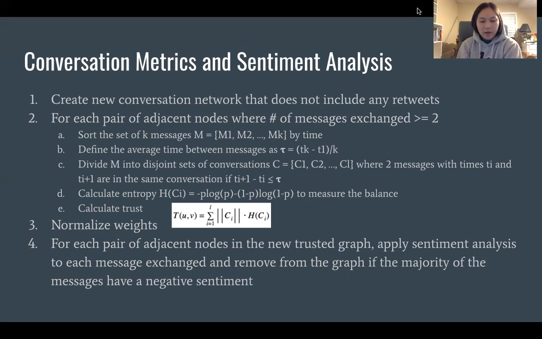Trust, T_UV, is calculated using this equation, and essentially, for each conversation, it multiplies the magnitude of that conversation by the entropy equation for that conversation, and sums up that value for all of the conversations. This trust calculation is the weight of the edge in the graph. Then the weights are normalized for the entire network.